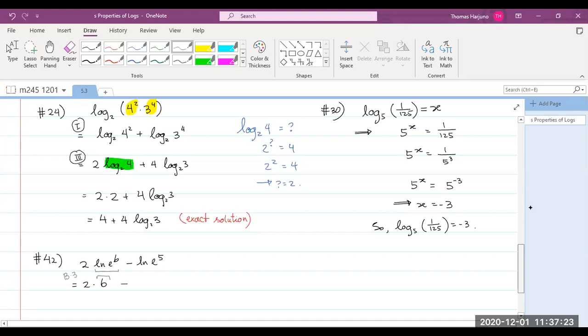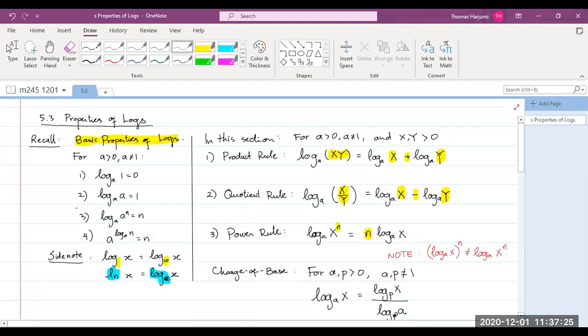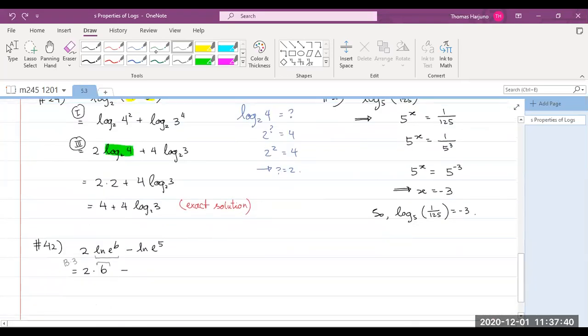Go back to basic property number 3. This one here. If the base here is the same as this base, then the answer will be the exponent. Okay? Now, using the same idea, the second term, this guy will be what? 5. Oh, that's Mickey Mouse, huh? That's 12 minus 5, that's 7. That's for number 42.